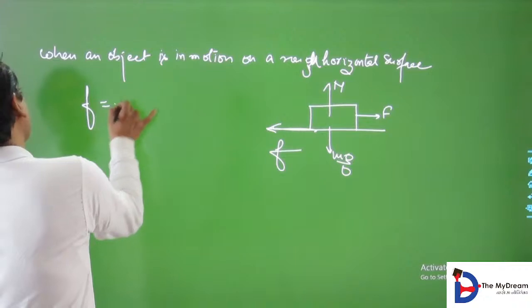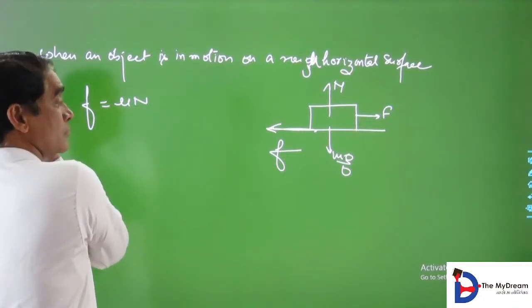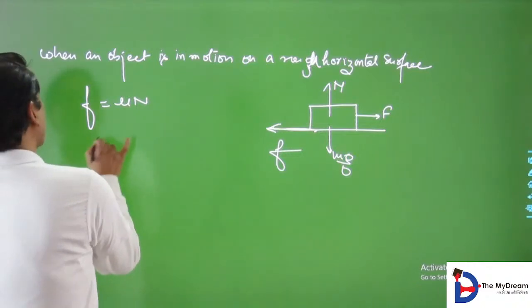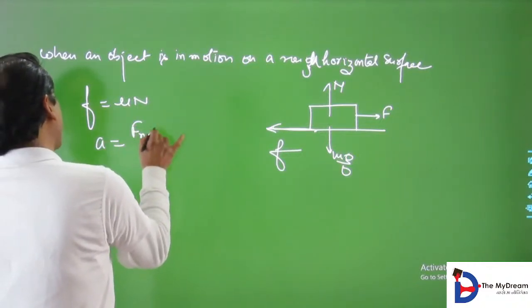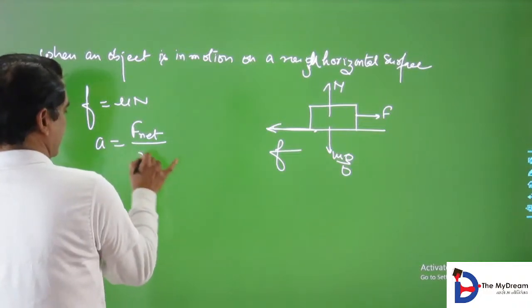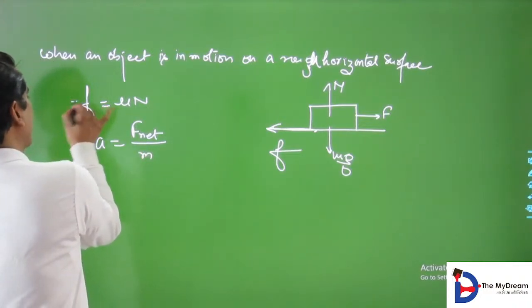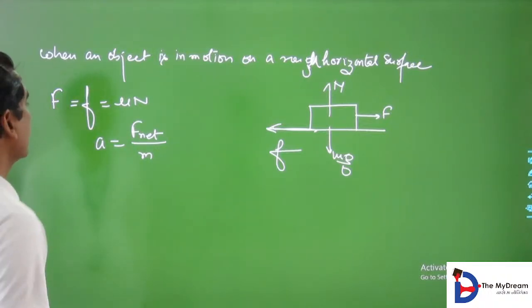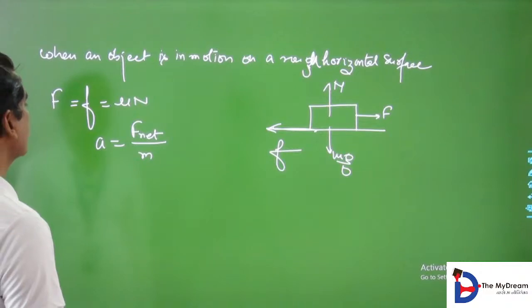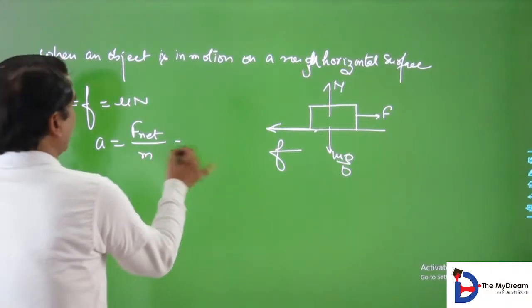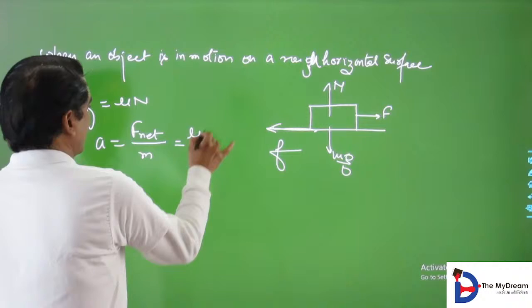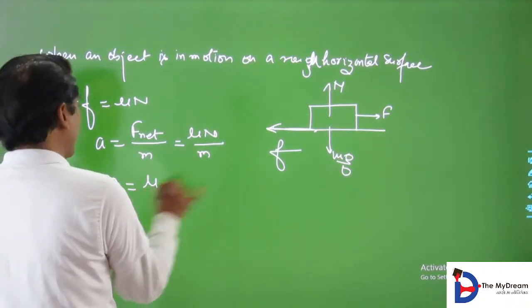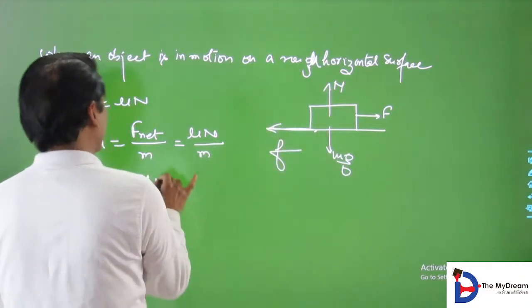F is equal to mu N, या F net लिख लो. F net equals to, F net किसके बराबर है? F net, net force F is equal to mu N और N is equal to mg.